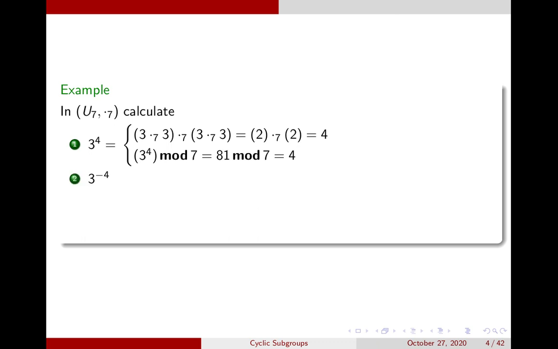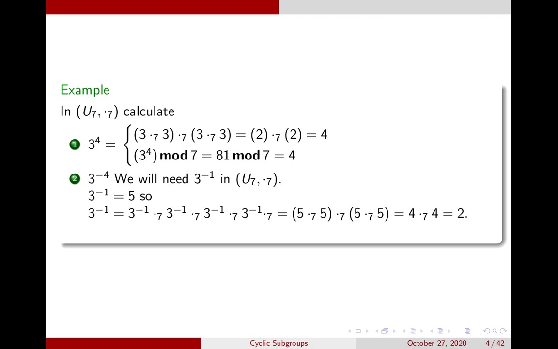Let's try 3 to the minus 4, still calculating in U sub 7. According to our definition for negative exponents, we combine 4 factors of the inverse of 3. So we're going to need the inverse of 3 in U sub 7, which I found by trial and error. The inverse of 3 is 5, because in U sub 7, 3 times 5 is 1. 3 times 5 is the identity element.